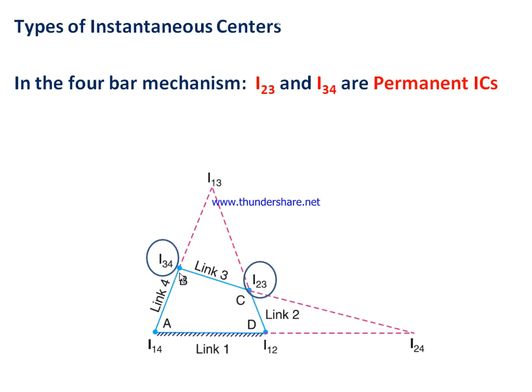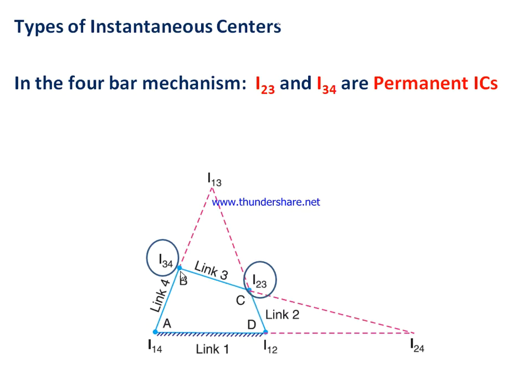So these joints B and C are permanent, that is the joint between link 4 and link 3 here at B, and similarly the joint between link 3 and link 2 here at C.